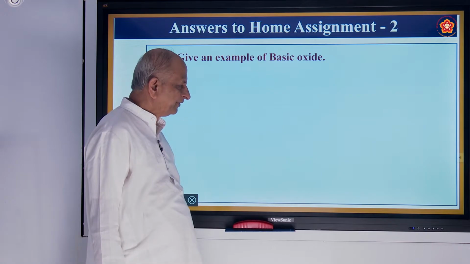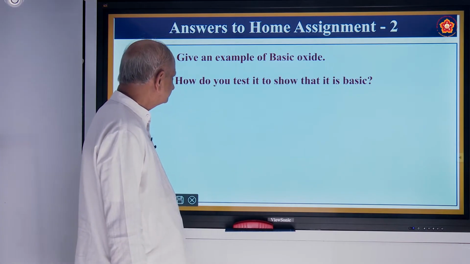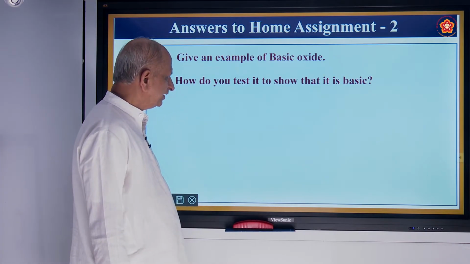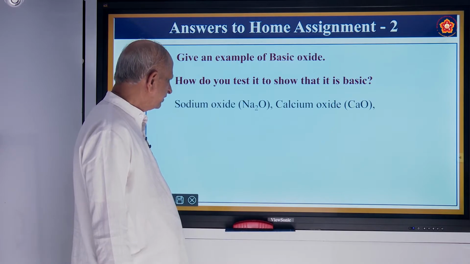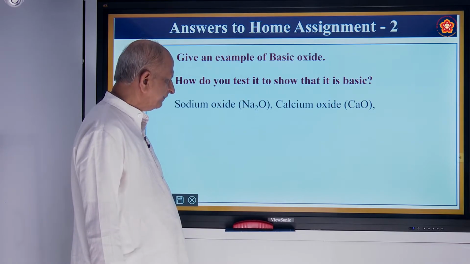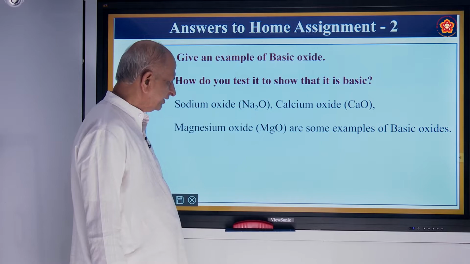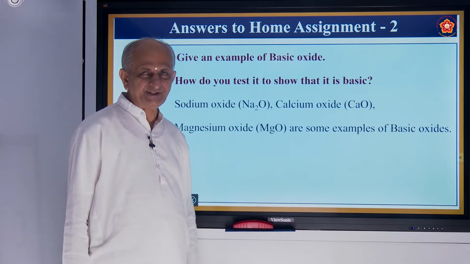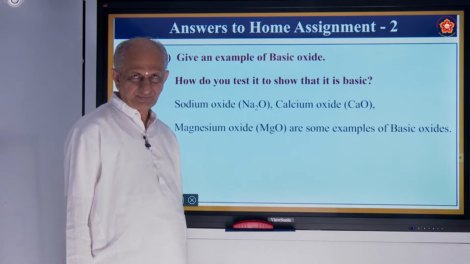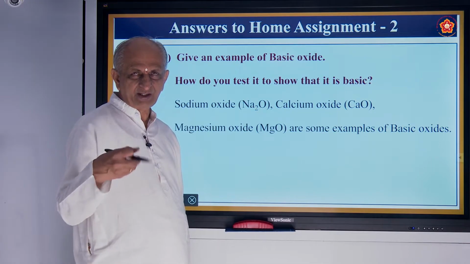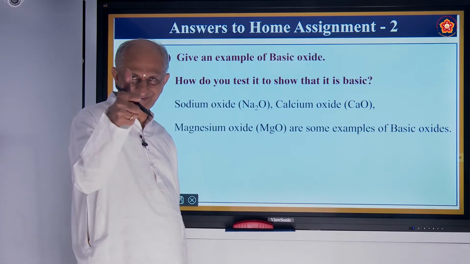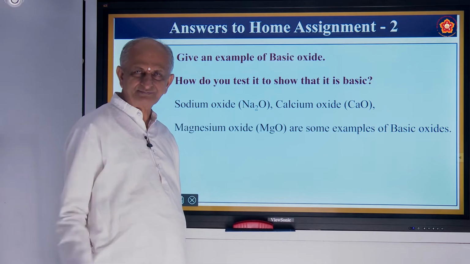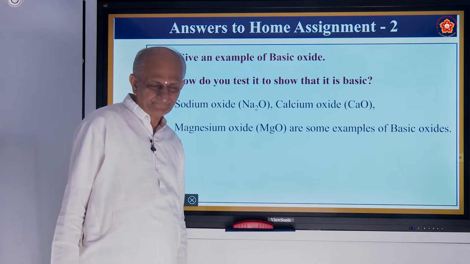Give an example for a basic oxide. How do you test it to show that it is basic? Sodium oxide, calcium oxide, magnesium oxide are some examples of basic oxides. Can you have any other oxides like that? Yes, acidic oxides. How do you get them?